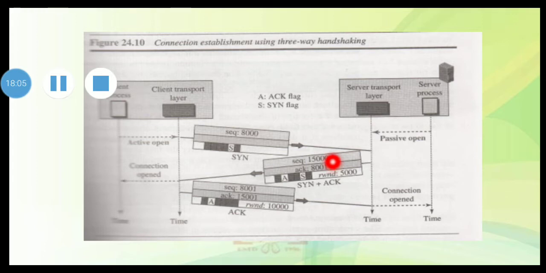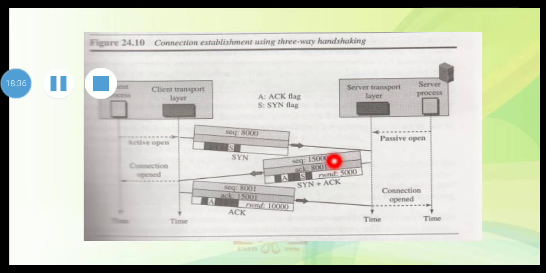The server also acknowledges the receipt of the SYN segment from the client by setting the ACK flag and displaying the next sequence number it expects to receive from the client. Since this segment contains an acknowledgement, it also needs to define the receive window size, RWND, as shown in flow control. Here RWND is 5000.